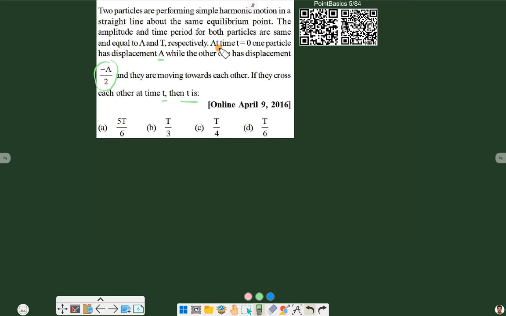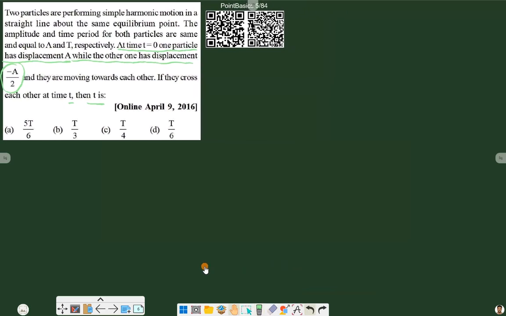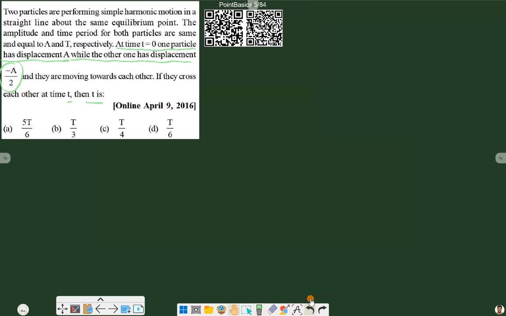And here the most important thing is this line, that at time t equals 0, one particle has displacement a while the other has displacement minus a by 2. So here we have to consider their initial positions and then form their respective equations. So let's start with the first particle.